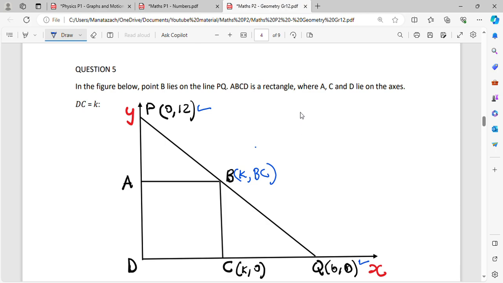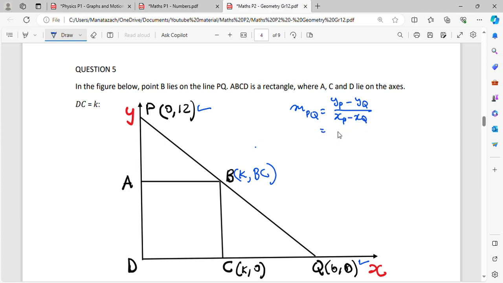The gradient for PQ will be YP minus YQ divided by XP minus XQ.